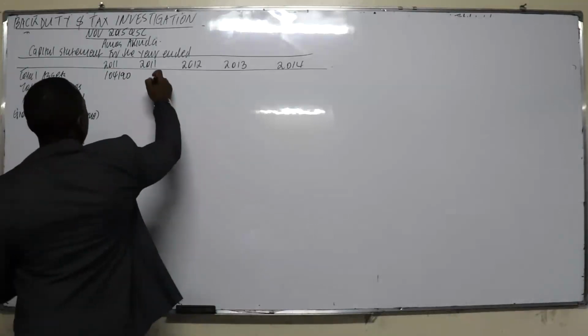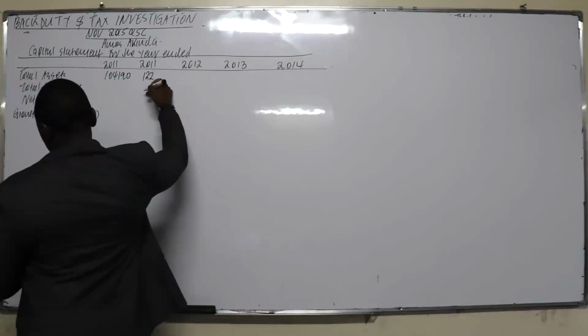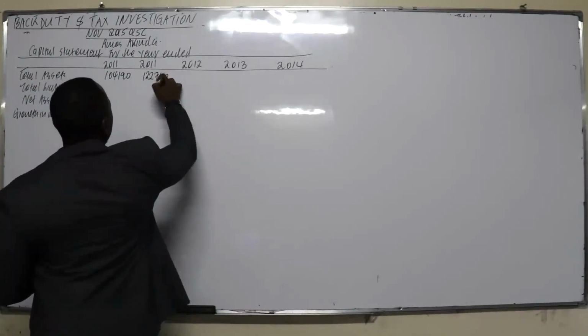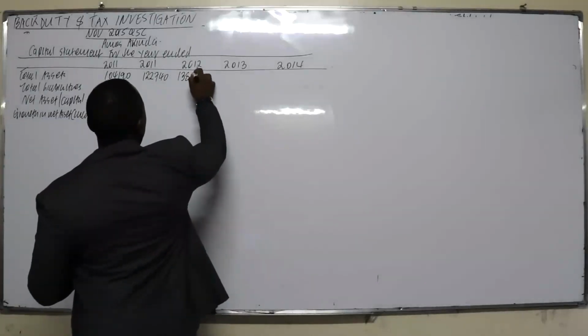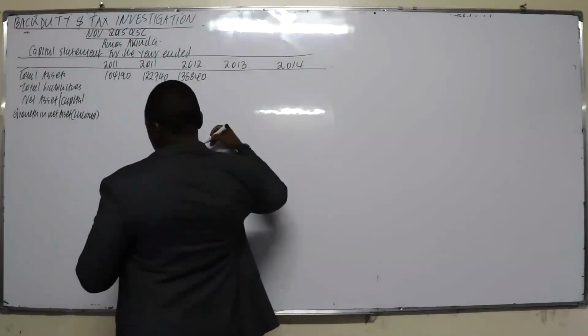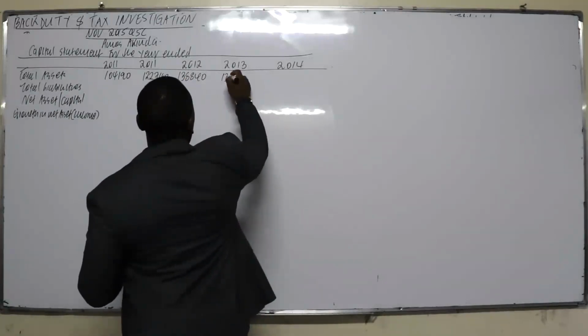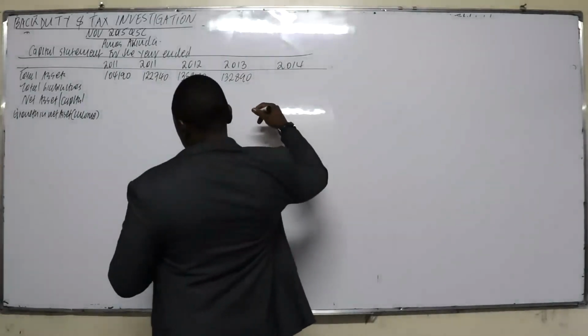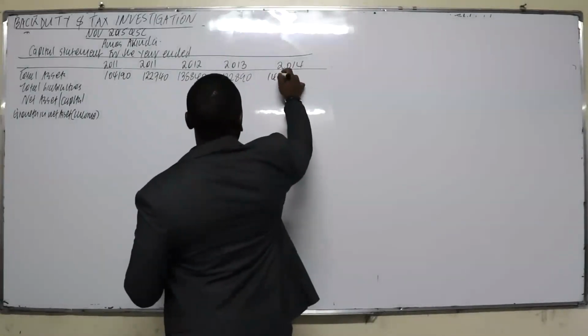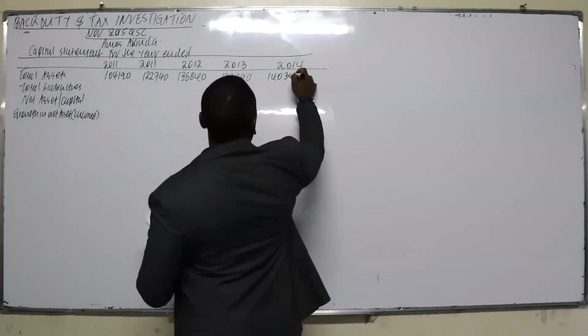This one will be 122,740. I have 138,840. I have 132,890. I have 140,340.